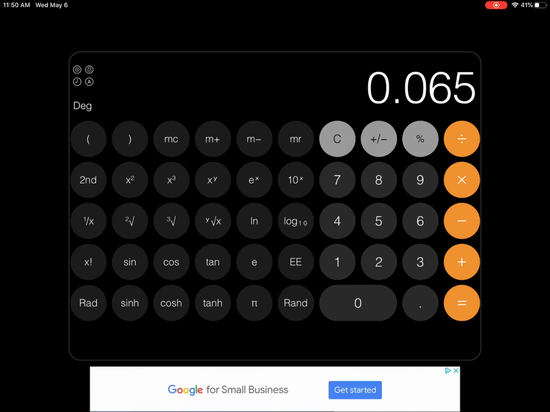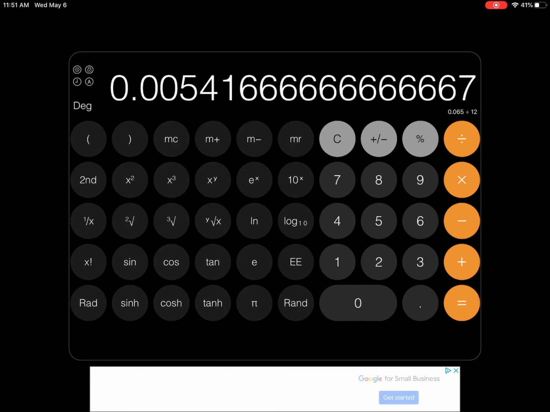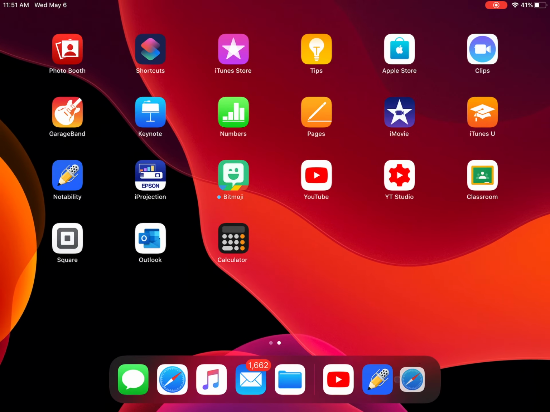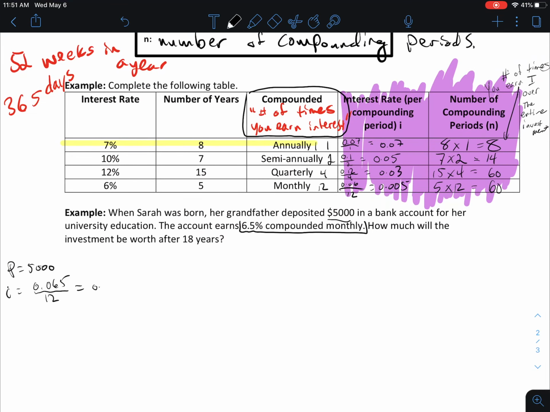We'll get a number, just because it's a little easier to do these questions with numbers and not fractions. So we're going to take 0.065 and divide it by 12. That's the amount of interest you're earning per month. So we'll get 0.00541542. That's your I value.